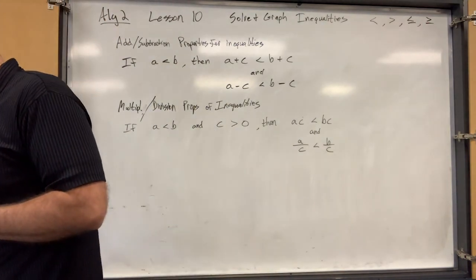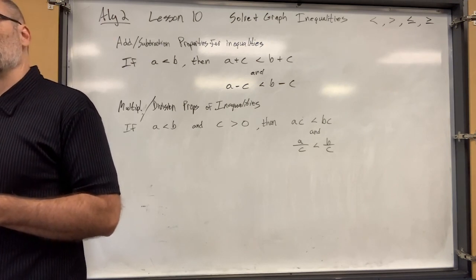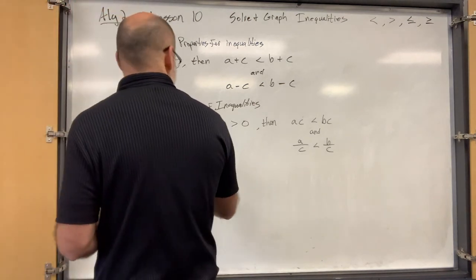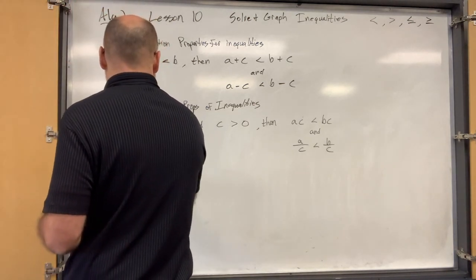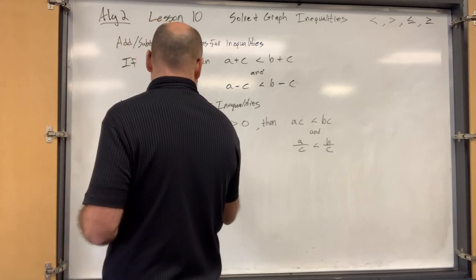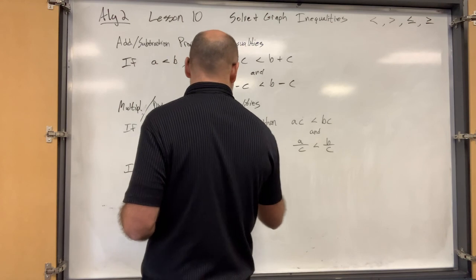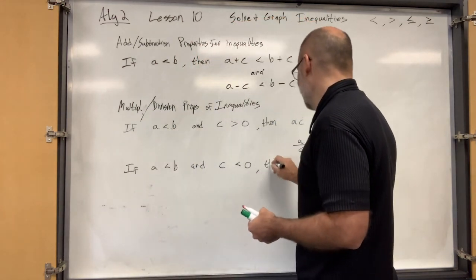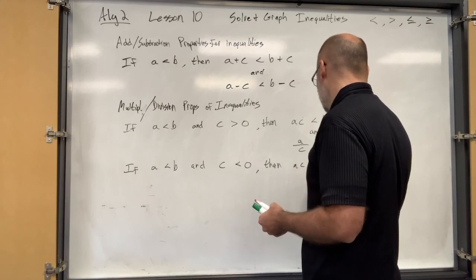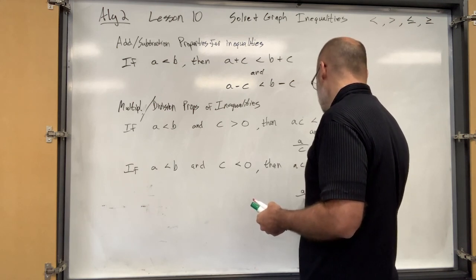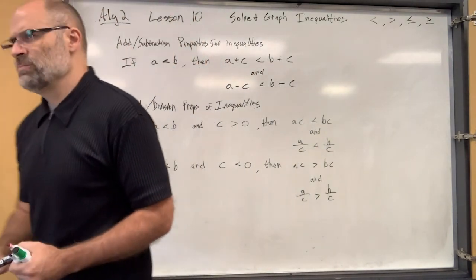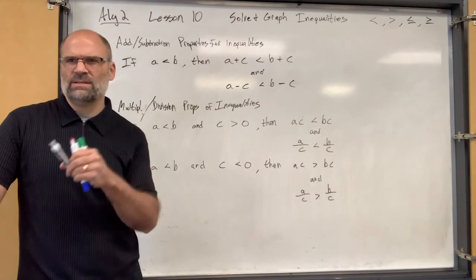So if you multiply or divide by a negative number, then you basically flip the symbol. So if, this is the most important part of this lesson, A is less than B and C is less than 0, it's negative, then now AC is greater than BC and A over C is greater than B over C. It'll make more sense again when I show you some actual examples, but yes.